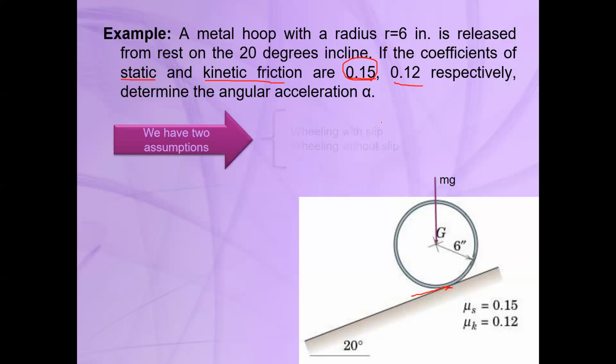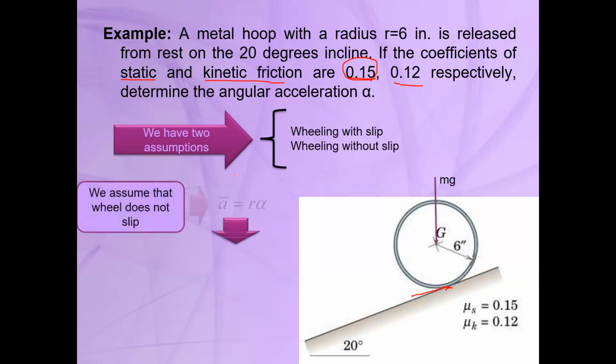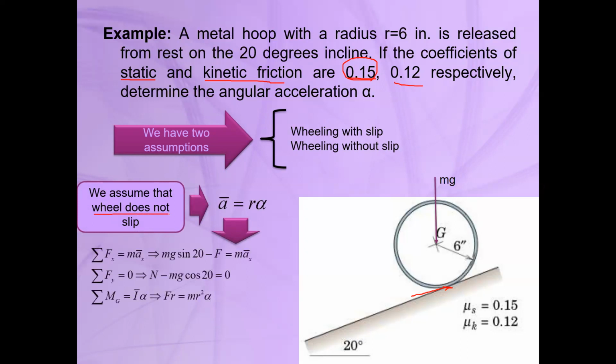Okay, so here, as I told you, we start with the assumption of without slipping, so we can assume that the wheel does not slip. In this case, the linear acceleration of the wheel, which we call A bar, is equal to R times alpha.